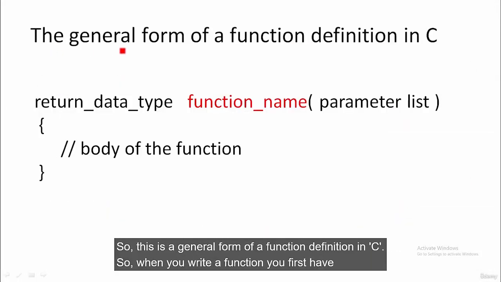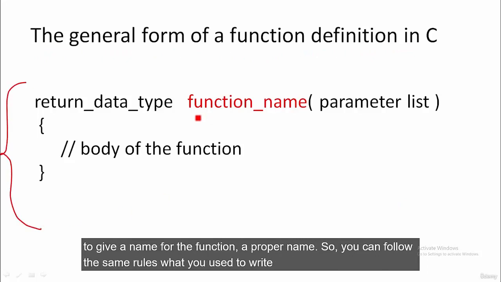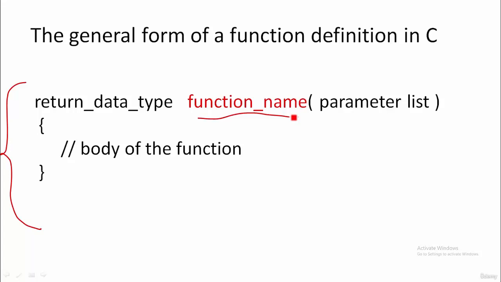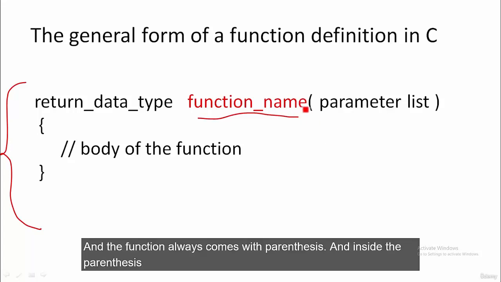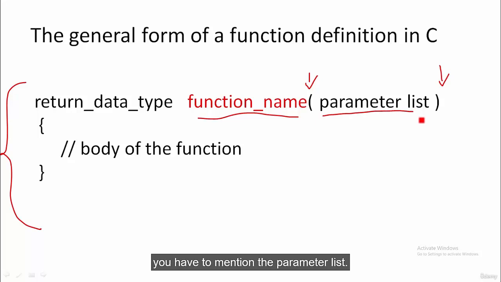So this is the general form of a function definition in C. When you write a function, you first have to give a proper name for the function. You can follow the same rules you use to write a variable name. The function always comes with parentheses, and inside the parentheses, you mention the parameter list.